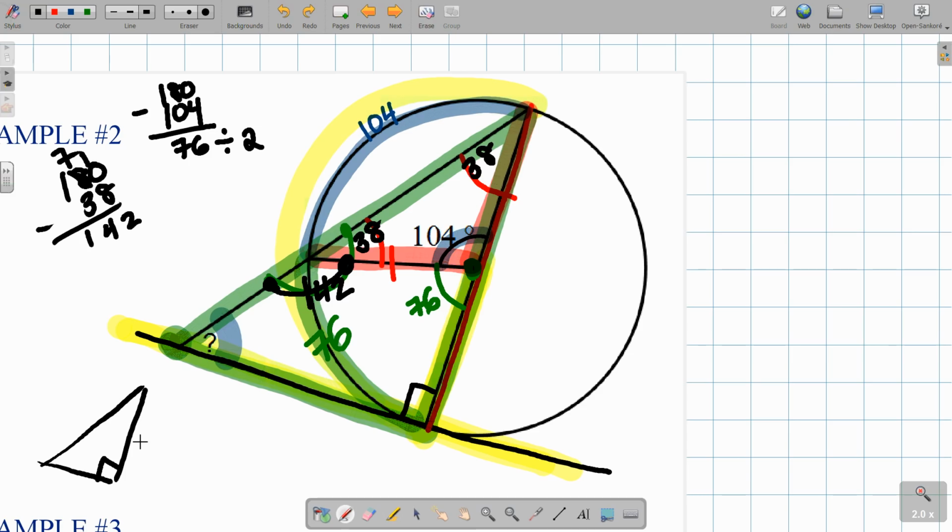We have a right angle right there, we have 38, and then we have this unknown angle, squiggle. So to get that last one, it's simply going to be 90 minus 38. Of course, that's 52 degrees.